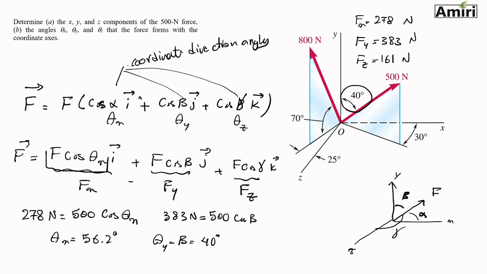And then lastly, Fz 161, or you can use 160.7 to be accurate, but that's all right. Newtons equal 500 cosine gamma. And as a result, your gamma or theta z is going to be 71.3.